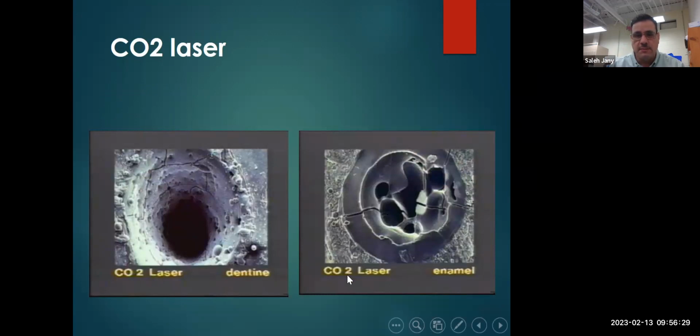CO2 laser is absorbed by water, and dentin has more water than enamel. Dentin is softer, has a lot of organic compounds, and so it has more water in it. So the damage would be more, and the cutting would be more when you're using CO2 laser on dentin.